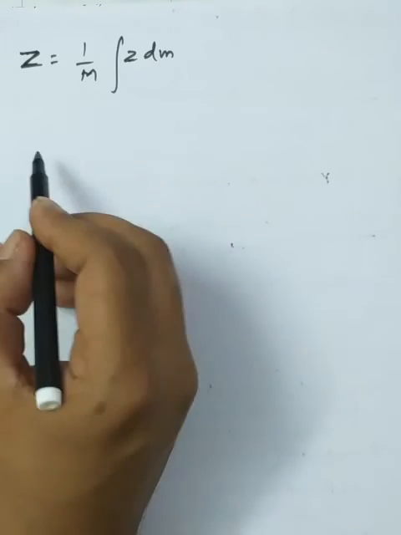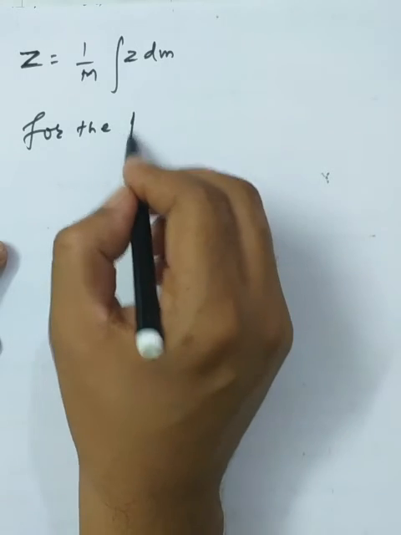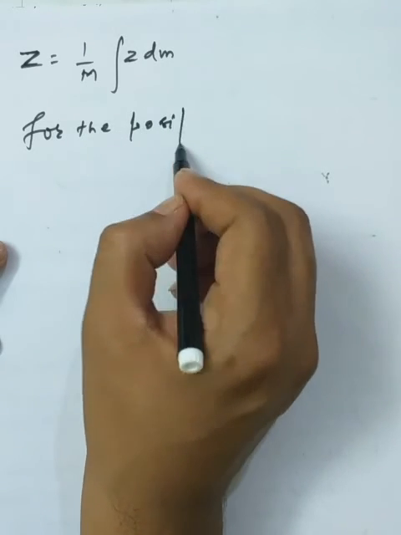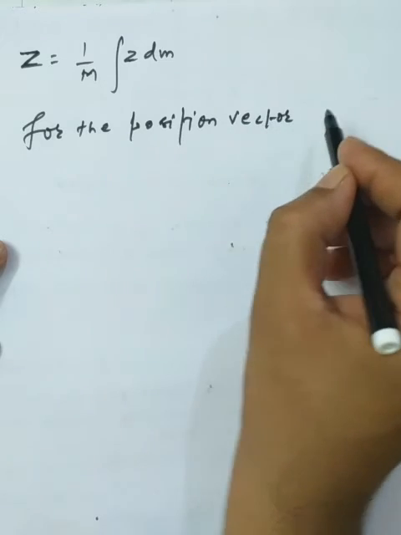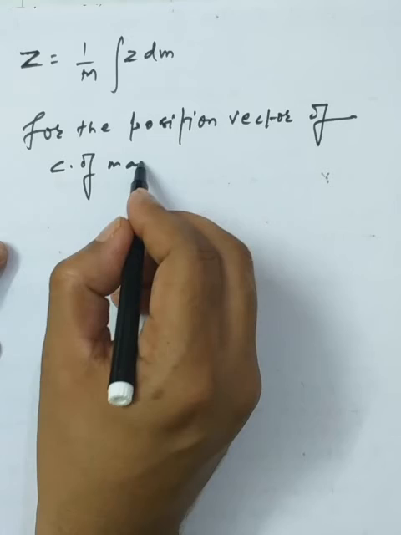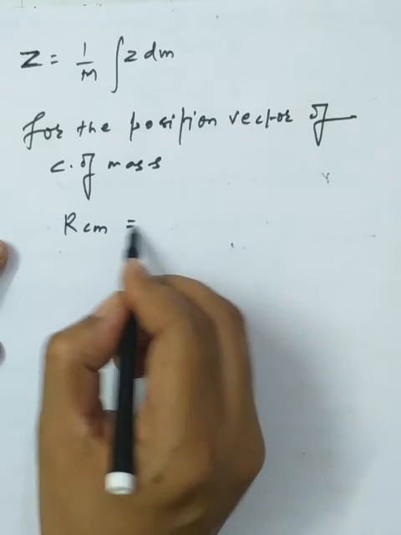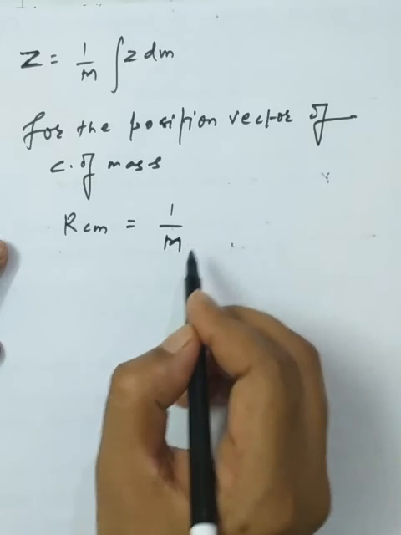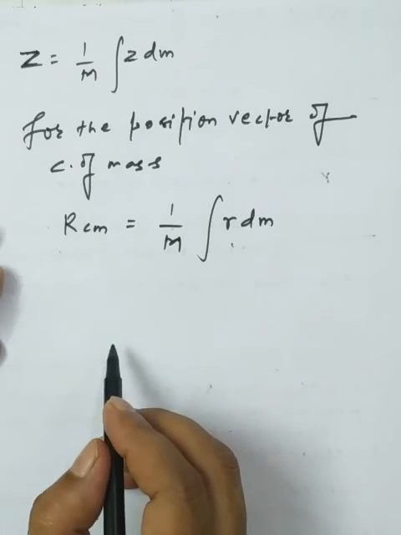Now for the position vector of the center of mass, RCM is 1 upon M times the integration of r dm.